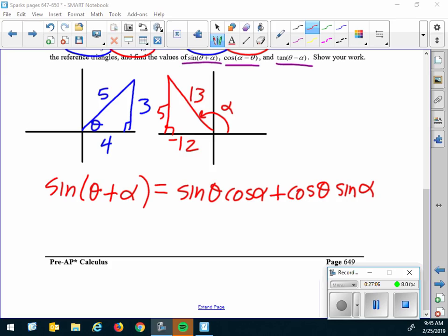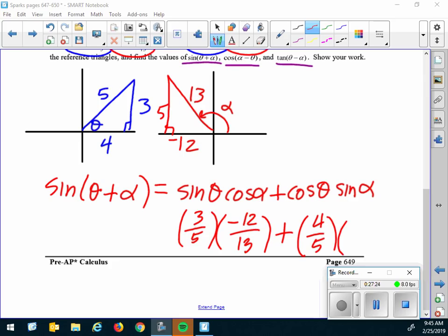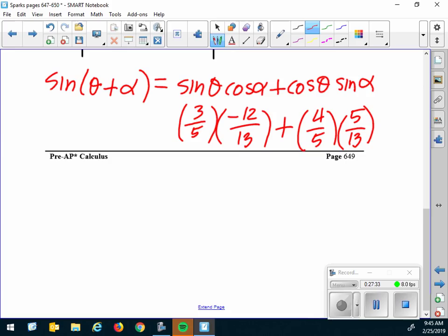So the sine of theta, we're just reading these off the triangles. The sine of theta is 3/5. The cosine of alpha is negative 12/13, plus the cosine of theta is 4/5, and the sine of alpha is 5/13. Now I'm going to stop and make sure I got this right. Okay, I think I'm happy with it.